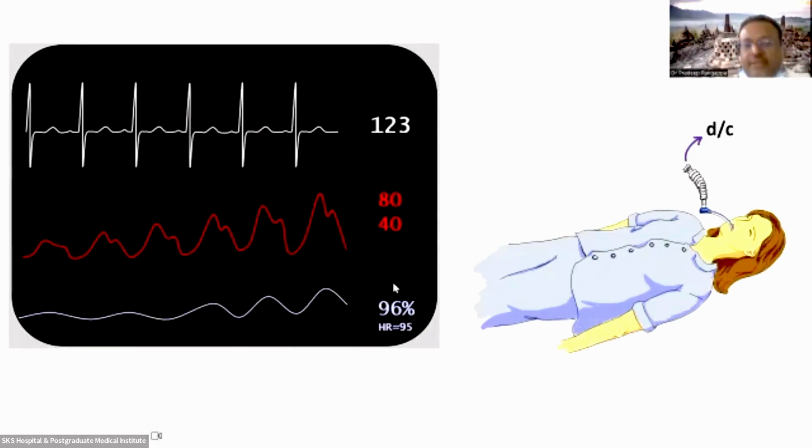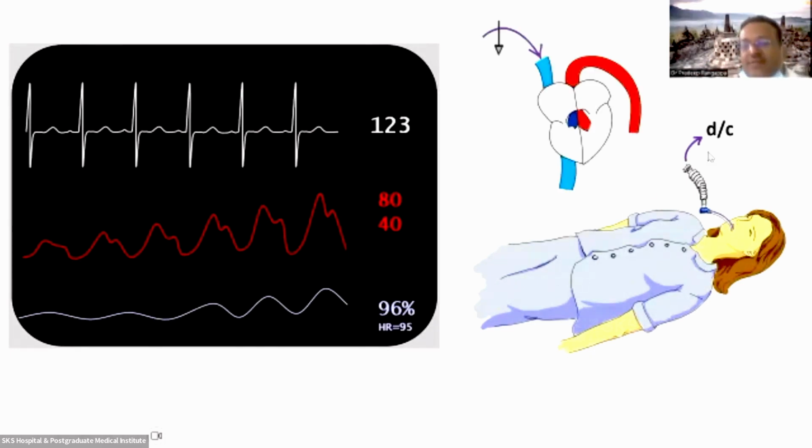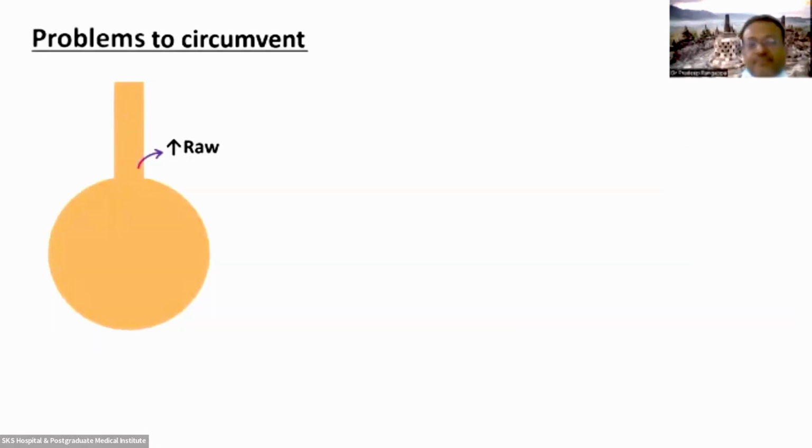So when there is hemodynamic instability, it is desirable that you disconnect the patient from the ventilator and allow the gases to come out, because your whole venous return reduces because of the increase in the intrathoracic pressure, which is causing the hypotension. And if you are facing this situation for a very brief period of time, you can discontinue the patient from the ventilator to reduce this dynamic hyperinflation.